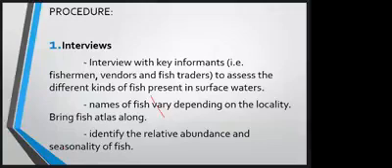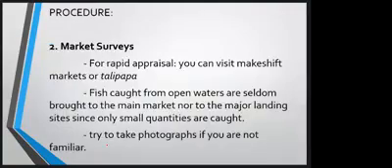So another procedure we include is the market survey. If the fishermen or the locals have low data about the fish population in that particular area, then definitely go to the nearby market in that area so that you'll know what different types of fish species are available.